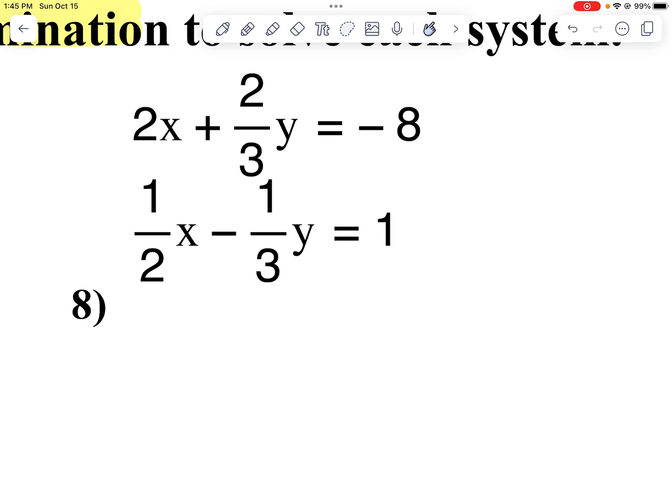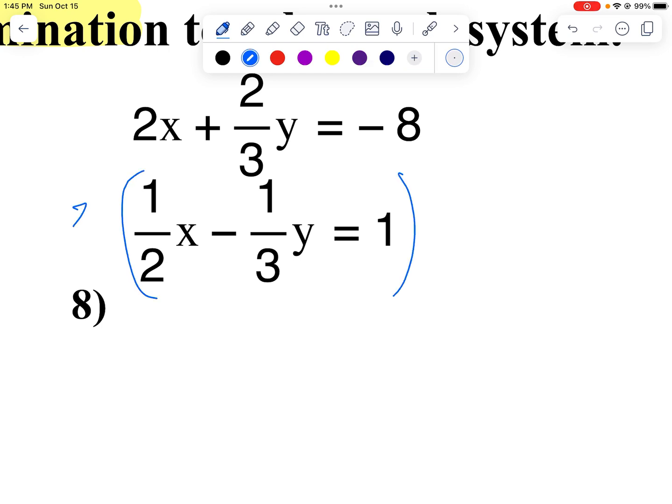And notice 2/3 and negative 1/3. So if I just multiply the bottom of the equation by 2, my y's will cancel. And 2 times a half, oh, I don't have a fraction anymore, do I?